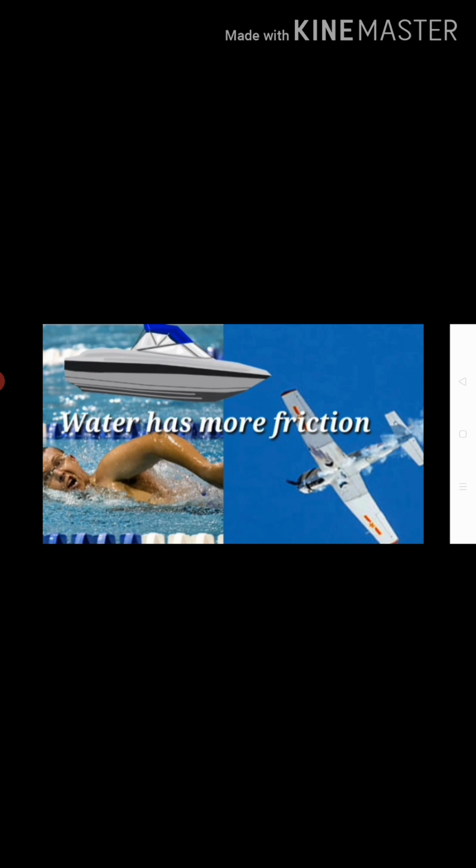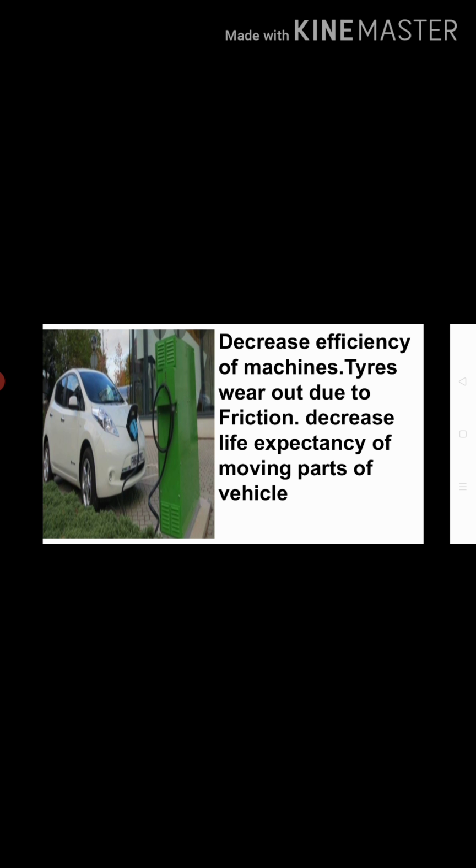It is obvious that when objects move through fluids, they have to overcome friction acting on them. In this process, they lose energy. Efforts are therefore made to minimize friction. That effort decreases the efficiency of machines.